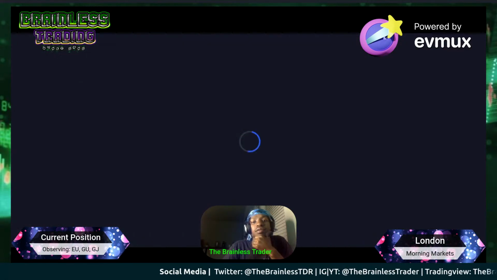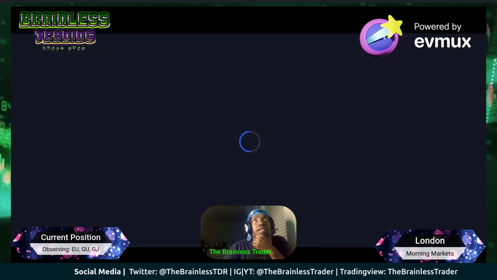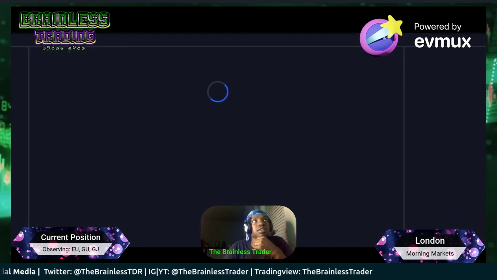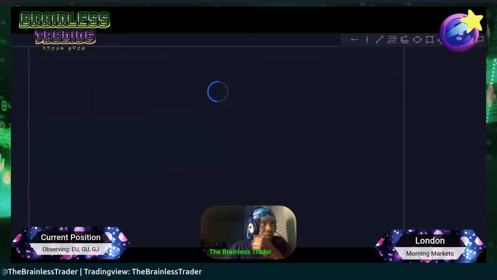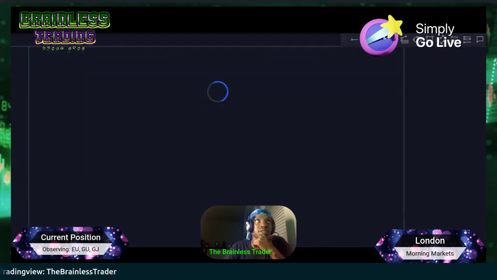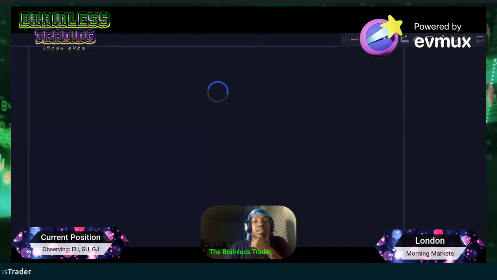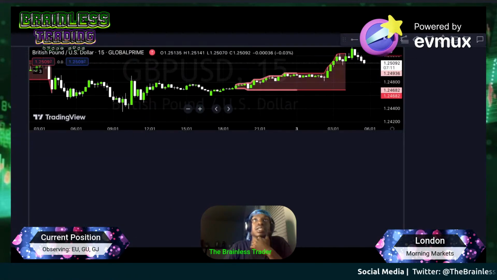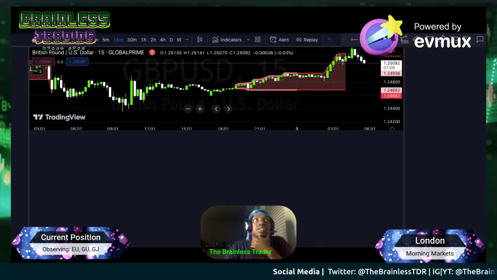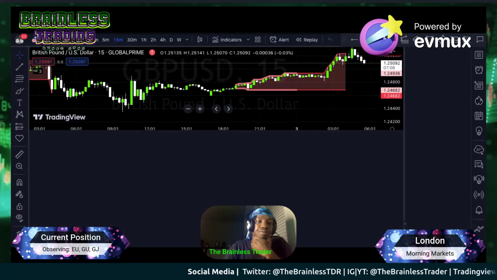So yeah, that is essentially the way that I like to look at my trades. I like to use the breaker because it's just easy to identify, and when it is clear to identify it and price respects it and respects the order blocks and fair value gaps that surround it, it's a lot easier to make decisions for me personally.